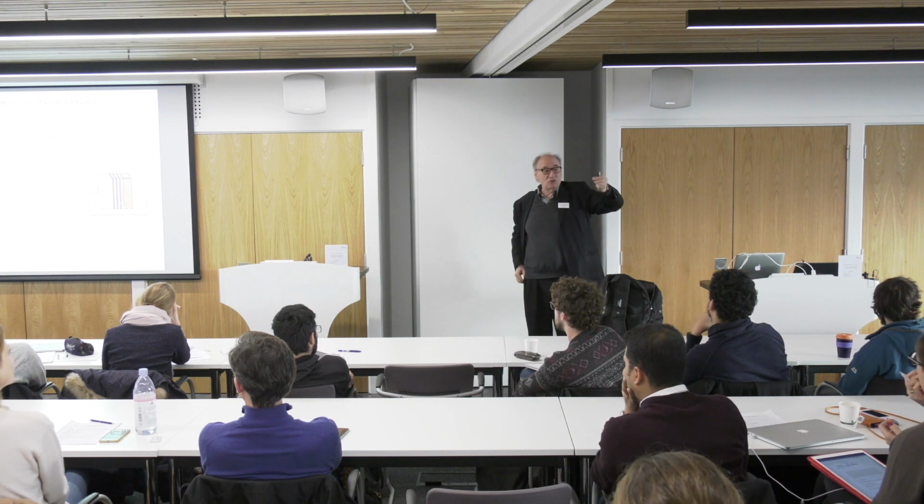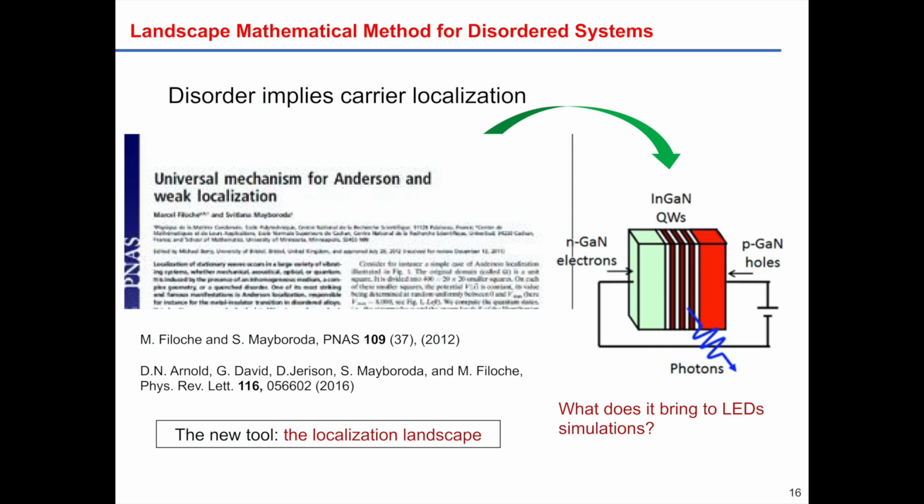I have a variable disordered potential for electrons, and I have to know the true energy levels of the electrons in that potential. And of course, for that, I have to solve a Schrödinger equation for an electron in a disordered potential.